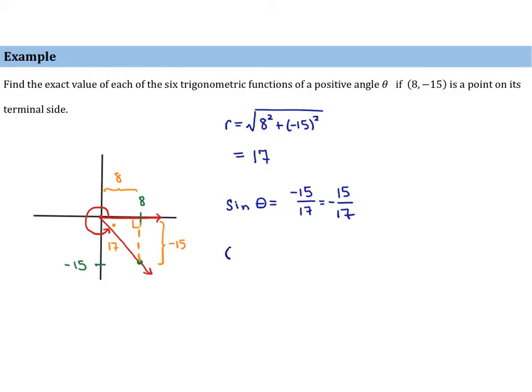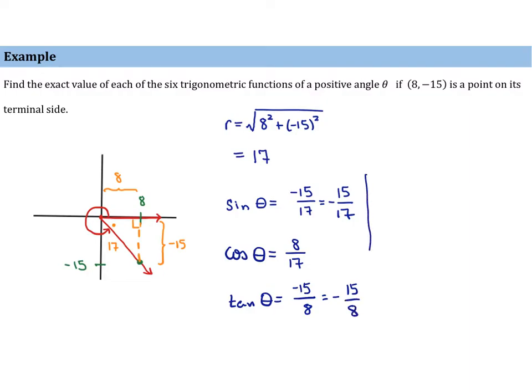Now we continue. Cosine of theta will be A over R. Tangent of theta will be B over A. So we have negative 15/8.